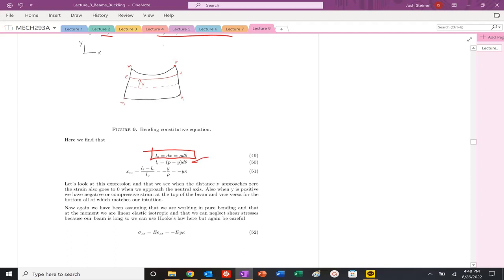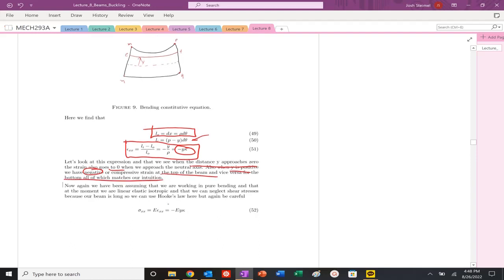If y is equal to 0, if I'm at my neutral axis, I should have 0 strain. If my y is positive, I'm at the top face, I'll be in compression. If y is negative, I'm going to be in tension, positive strain. So this works. It takes some geometry to get to this expression, but this makes intuitive sense from all of the work that we developed for stress and strain in this course.